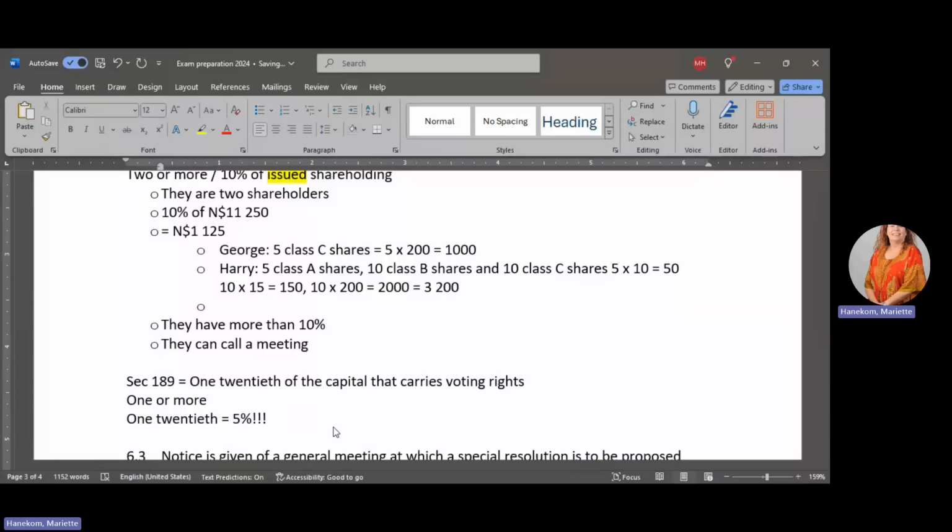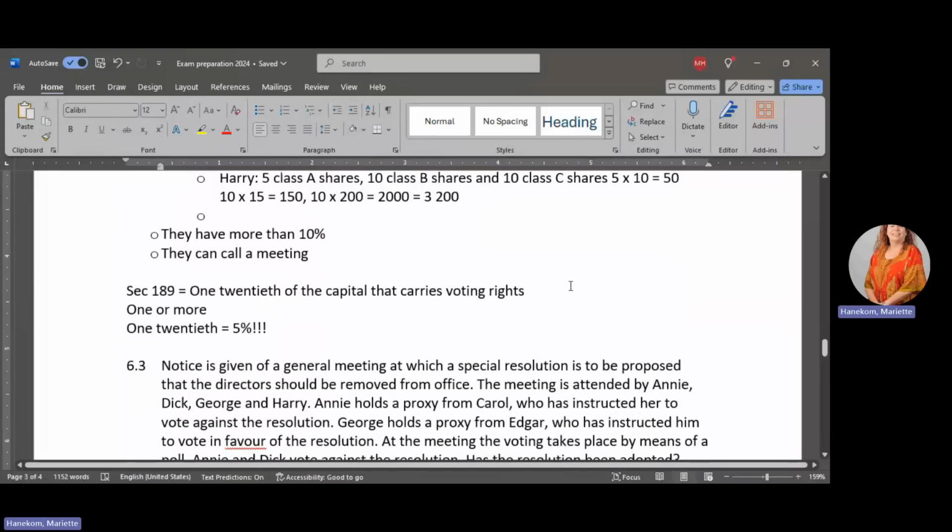You should know that 1/20th is 5%. In the special test, the two shareholders that wanted to call a meeting each had 3% of the shareholding. 3 plus 3 gives you 6. You don't need a calculator to add 3 plus 3 and get to 6.